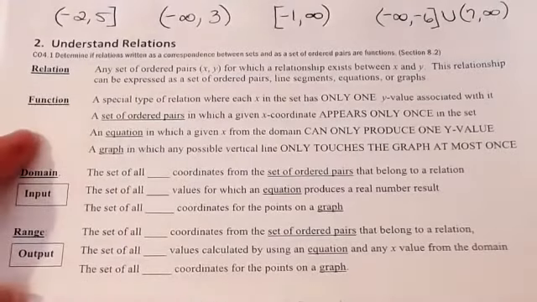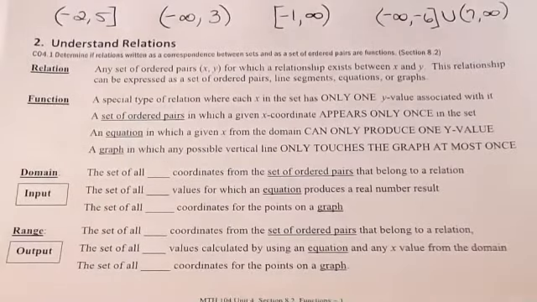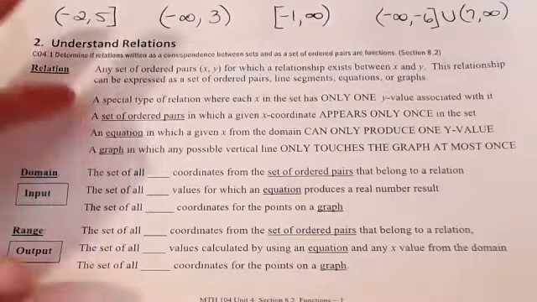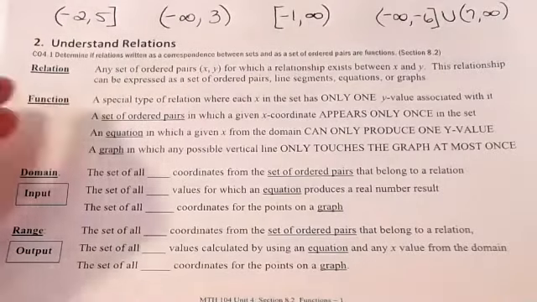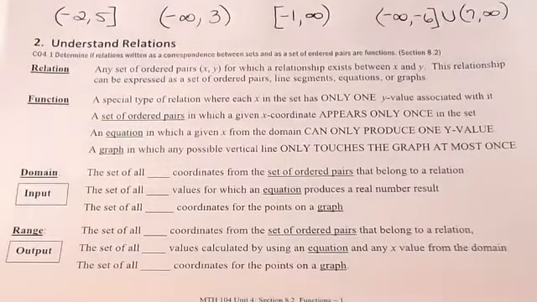If, for instance, you had a set of ordered pairs where your X coordinate appears more than once, that's a problem. If it appears more than once, it is not a function. It'll fail the vertical line test, which we will talk about. So what I liked about this particular set of definitions for a function is it kind of talks through everything.